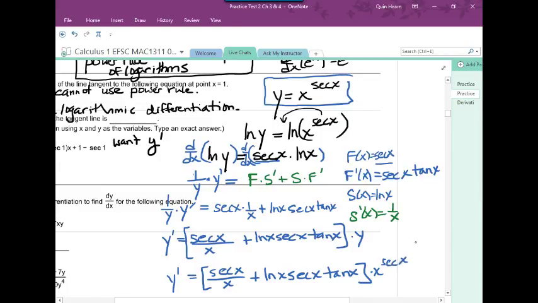Okay, so that's our derivative, and we had to use the logarithmic differentiation in order to get it. And again, the reason why I did that is because we had something with an x raised to a power of something with an x.